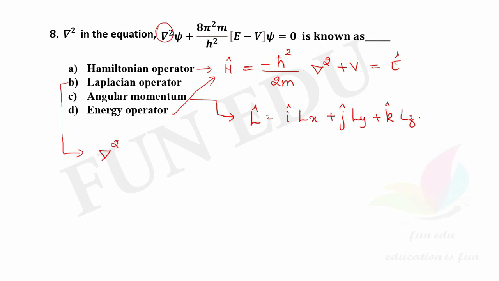Del square is the Laplacian operator, which is equal to del square by del x square plus del square by del y square plus del square by del z square. So del square in the equation is known as Laplacian operator. So B is the correct answer.